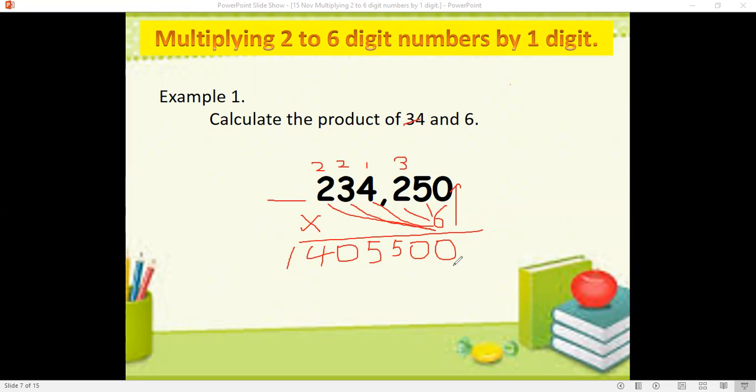Remember, start counting from here. 1, 2, 3, comma. 1, 2, 3, comma. So this is million and this is thousand. Now let's read together the product of this question. 1,405,500. All right.